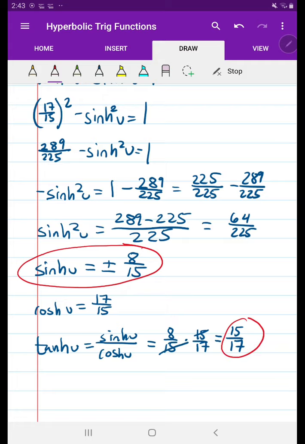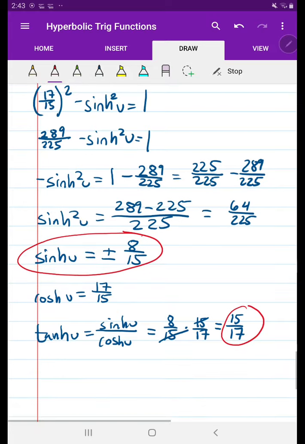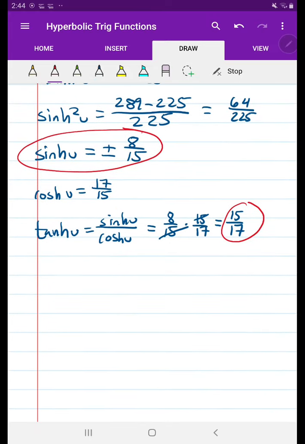And then we just do our reciprocal functions. So csch u is going to be the reciprocal of sinh, so that'll be plus or minus 15 over 8.